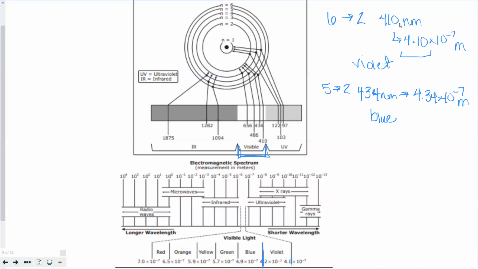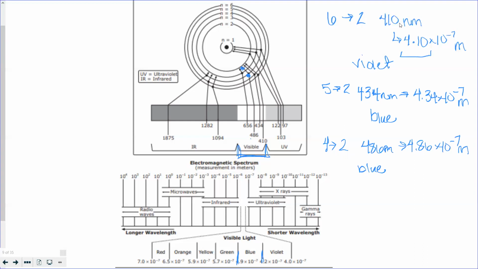For our next one, this is the line that goes from n equals 4 to n equals 2. It produces 486 nanometers wavelength. That is going to translate into 4.86 times 10 to the negative 7th meters. That also falls between 4.2 and 4.9, so this will also be blue.